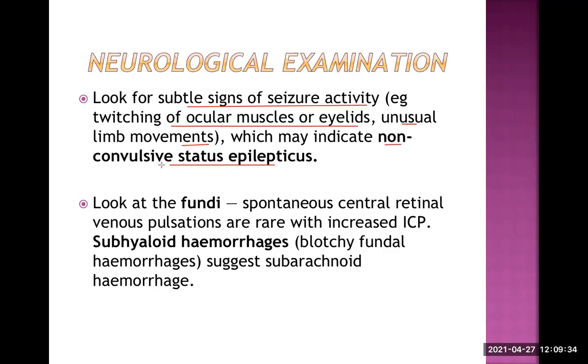Non-convulsive means I cannot see thrashing movements of the body. The patient is not showing the typical tonic and clonic convulsion, but inside the brain, constant electrical activity is going on. This is known as non-convulsive status epilepticus. It is equally damaging to the brain.